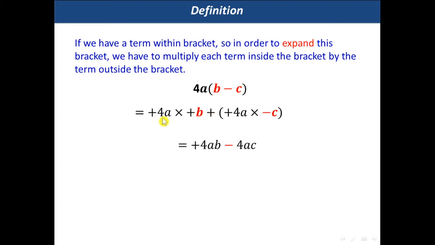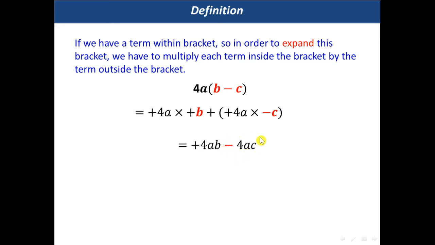So now, plus 4a multiplied by plus b is going to be plus 4ab. What happened here? Inside the bracket, plus multiplied by minus is minus 4ac. Minus 4ac multiplied by the plus outside is also minus 4ac.